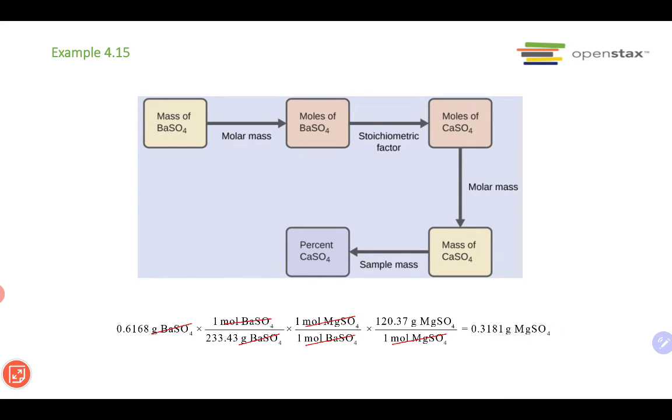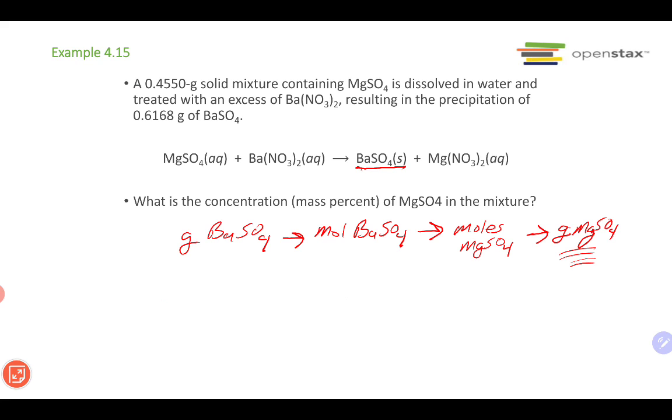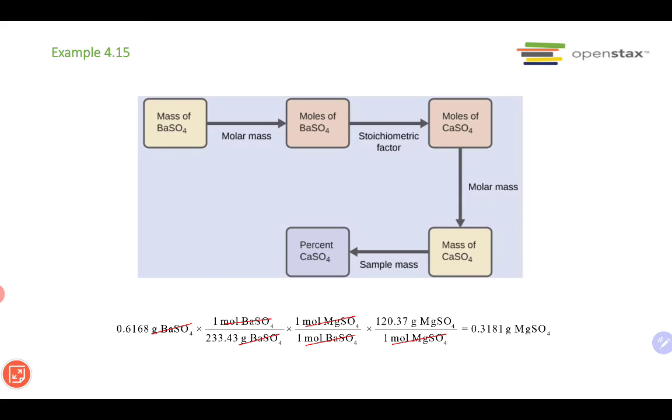And recall that we were interested in what percent of our original sample was magnesium sulfate. So our original sample had 0.4550 grams of a mixture. And this calculation tells us that of that 0.4550 grams, 0.3181 grams of it is magnesium sulfate. So what percent is that?